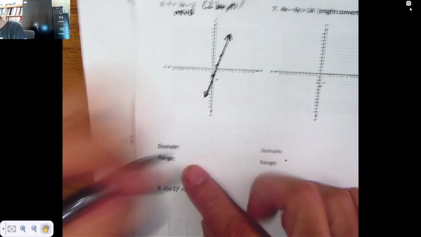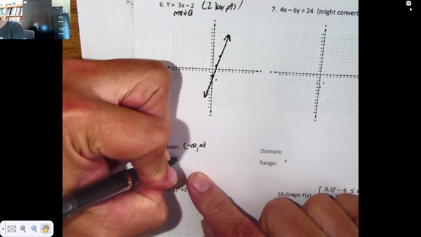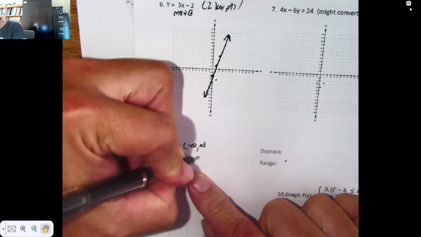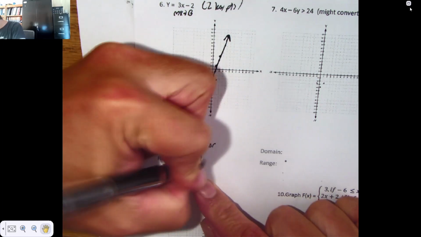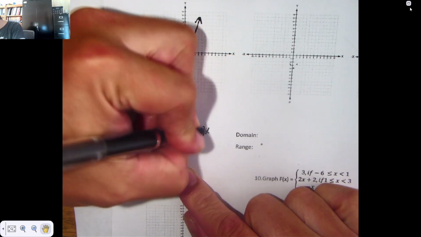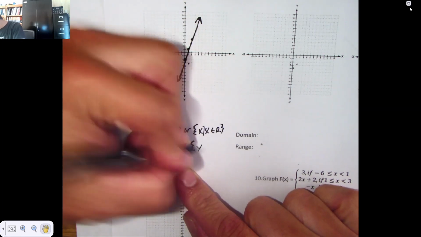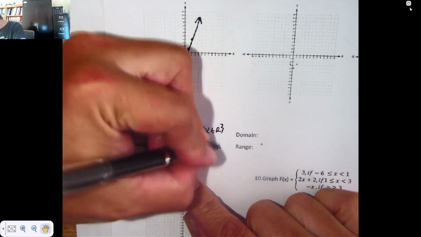Ta-da! Just like all lines, its domain is negative infinity to infinity, and its range is negative infinity to infinity. Or, if you like your set builder notation, all values of x such that x is an element of the real, or all values of y such that y is an element of the real.